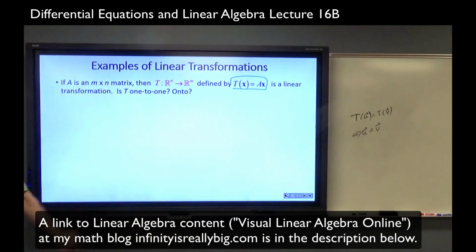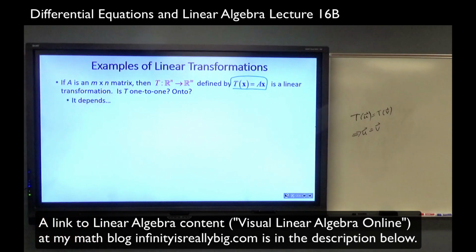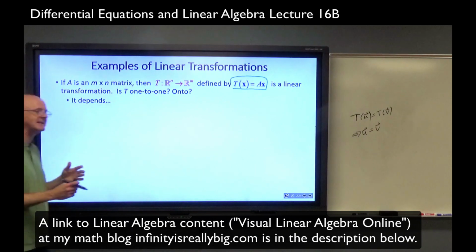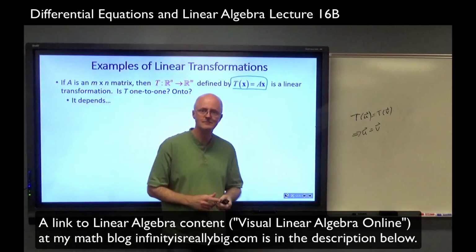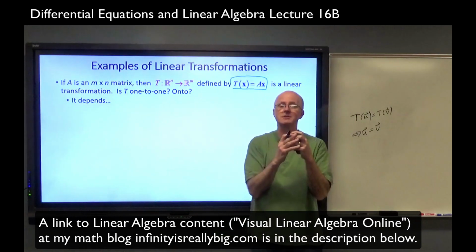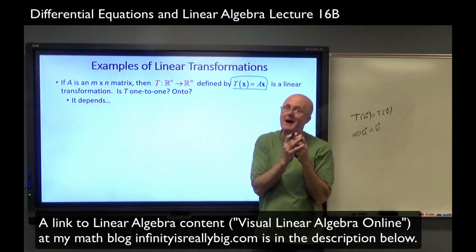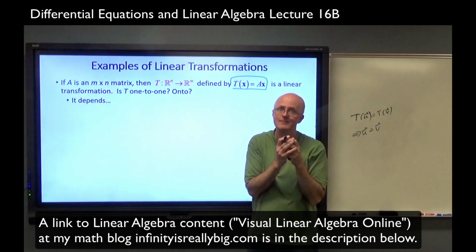Is such a T one-to-one and onto? We thought about that before with examples. The answer is it depends. Though I will say once again, without writing it down, that if T maps a higher dimensional space to a lower dimensional space, big space to small space, it can't possibly be one-to-one, at least when the transformation is linear.